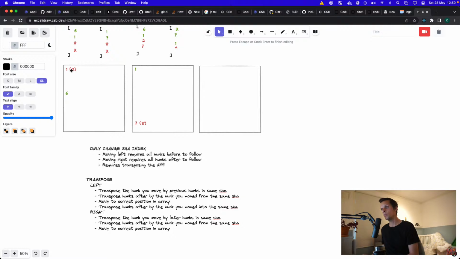So now since we moved this, oh, this is so interesting. Because now, how does this work? Does this mean that this goes back to 8 now? Because it still removed that line, so it should still be at 7.